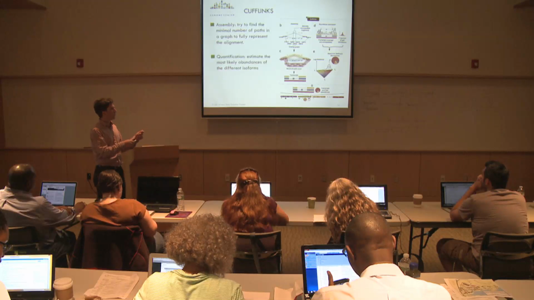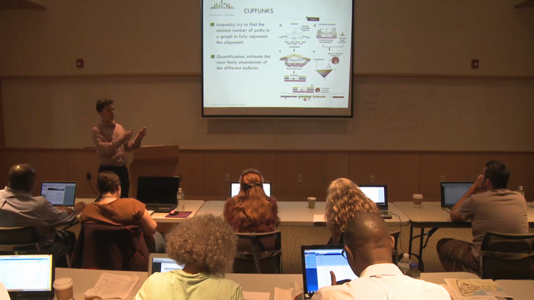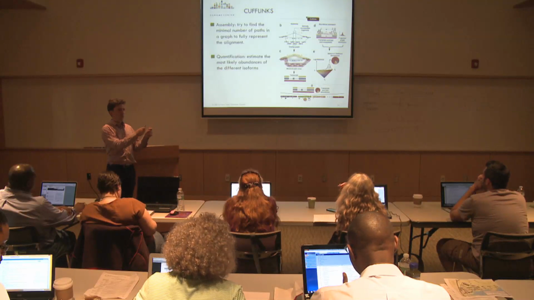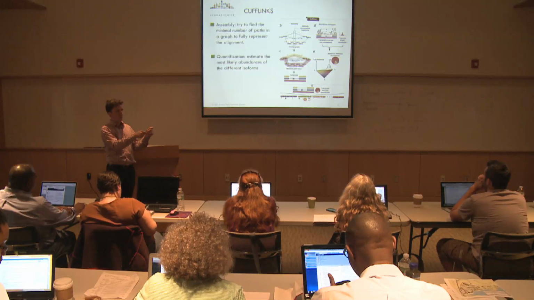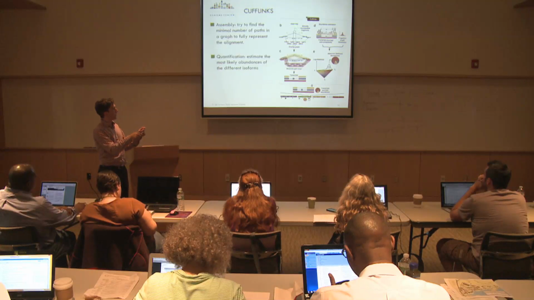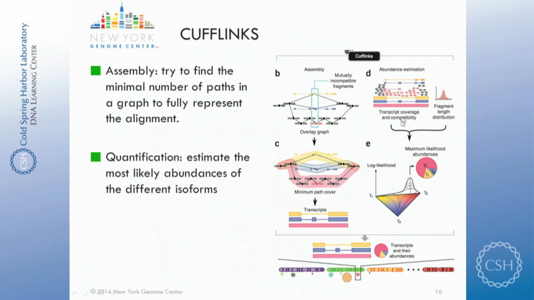You will connect the different reads with their splice junctions, and that will create a graph like this, and you will determine that there are clearly three ways to navigate within that graph, and that corresponds to three different isoforms, which have some portion in common and some portion that are different. Okay.